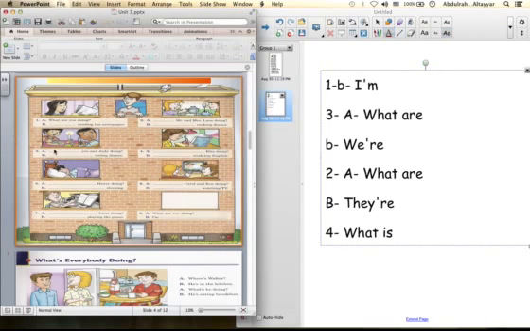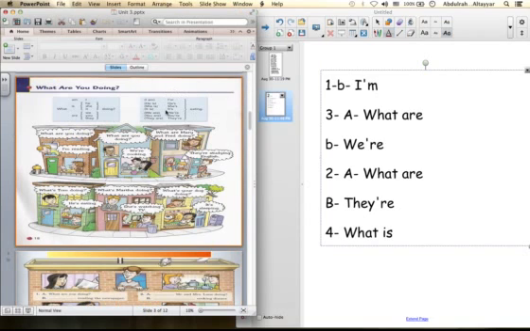Because if you go back to this box over here, you see we use are with you, we, they. Here we say is with he, she, it. So you have to be careful.